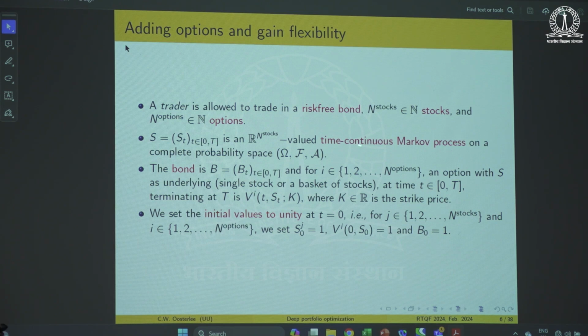The stocks are time-continuous Markov processes on a complete probability space. The stocks we call capital S, the bonds we call capital B, and the N options, puts and calls, we call V superscript i.